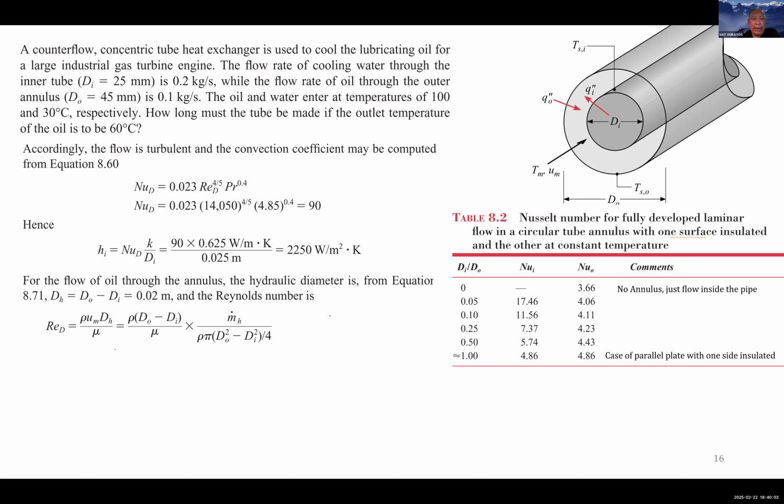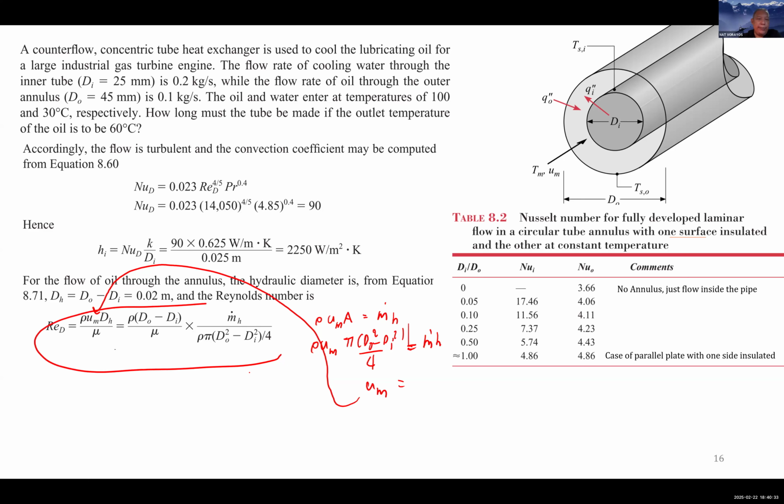I know that the rho UM A is equal to the M dot of the hot. And this is UM, and this is pi times (DO over 2 minus DI over 2) squared over 4, equal to the M dot H. Rearrange this equation and you get the UM, and plug UM over here.